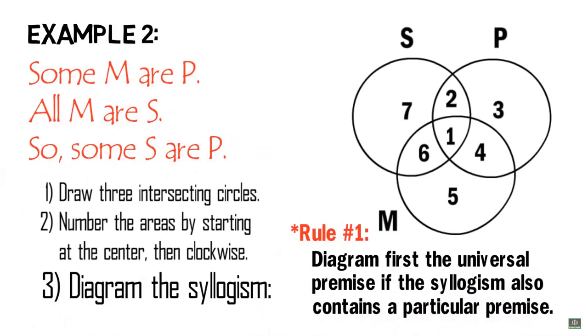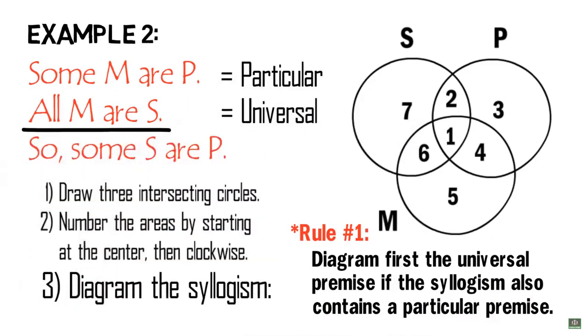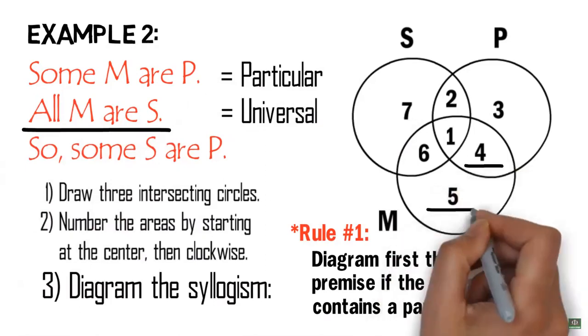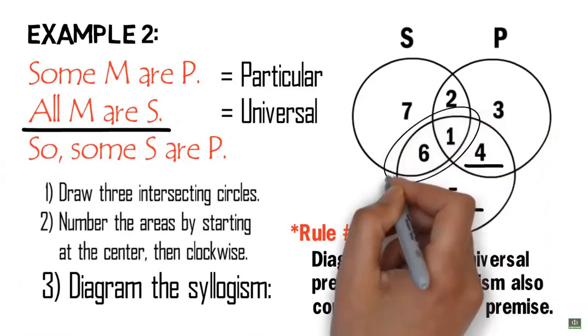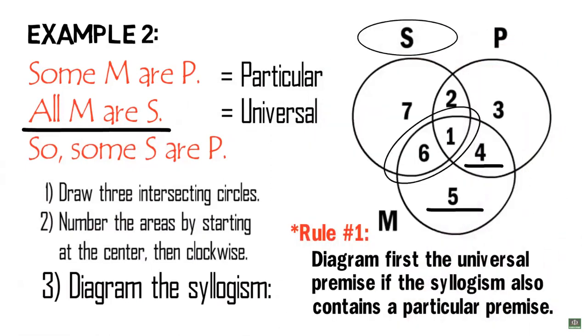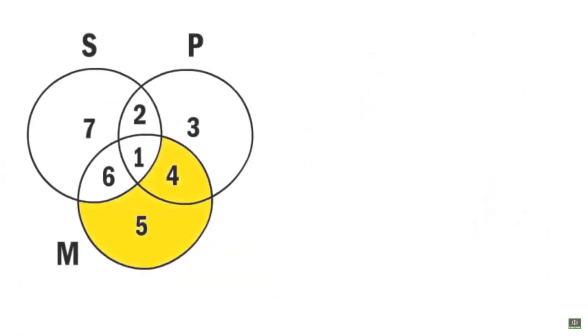Since the first premise in the syllogism is particular, while the second premise is universal, we will diagram first the second premise, that is, all M are S. The second premise says, all M are S. So we will shade areas 4 and 5 to show that all members of M, which are areas 1 and 6, are part of S. And so the Venn diagram of the syllogism will now look like this.